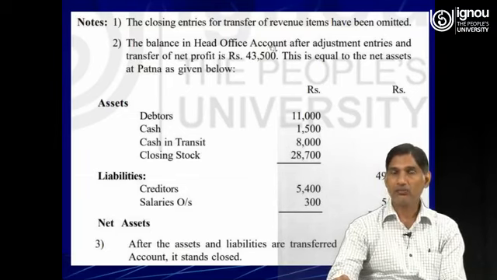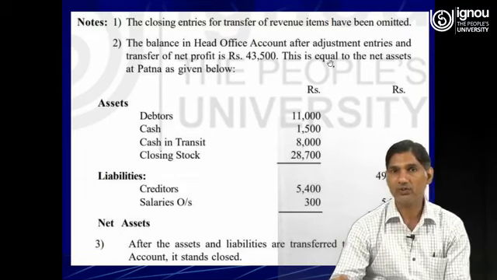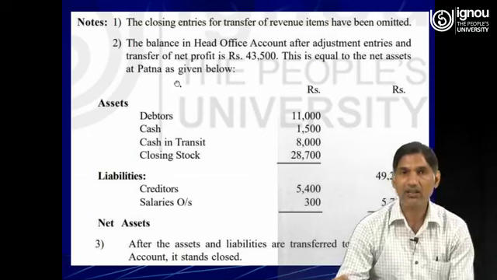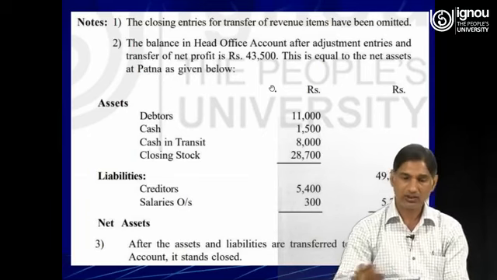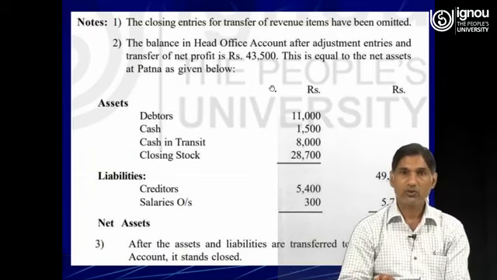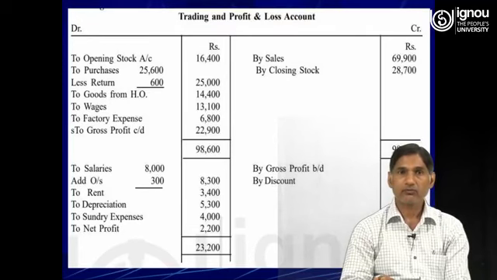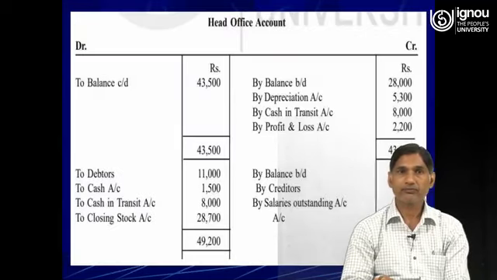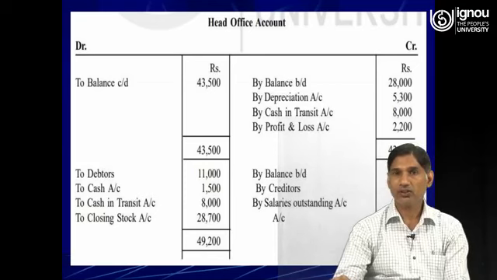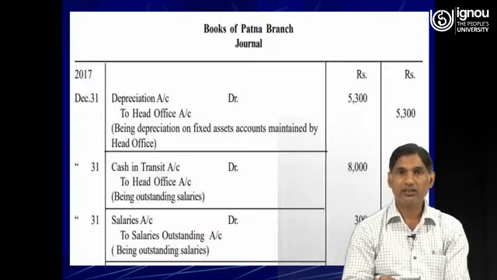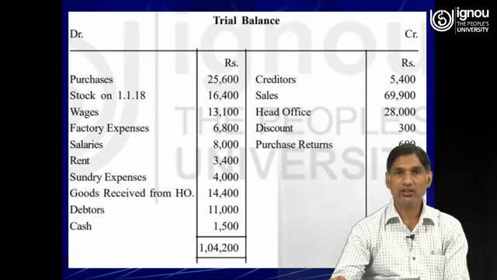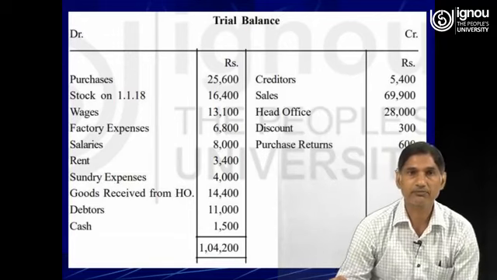And the net profit is also mentioned. The balance in head office account after adjustment entries and after transferring net profit is 43,500. So this was all about this session. Balance 43,500, it is given in the question.